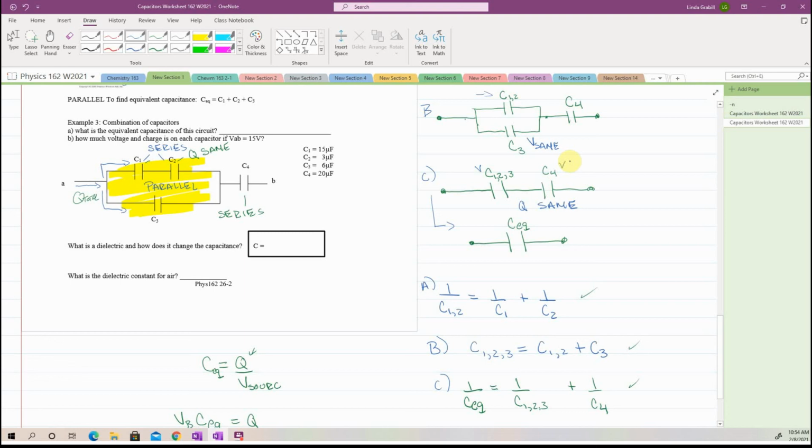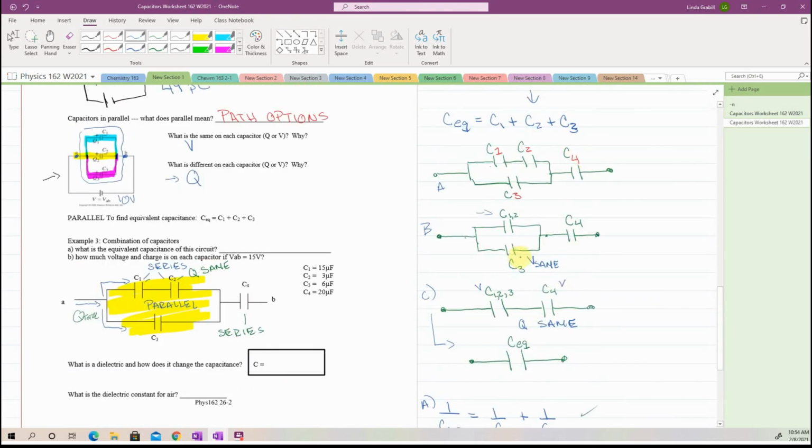And once I have C123, that means for this little one, my potential drop is going to be the same. So if I solve for my potential here, that means I know what the potential is here, and now I can solve for the charge on each of my capacitors. And then likewise, I work my way up. What do I want to know?